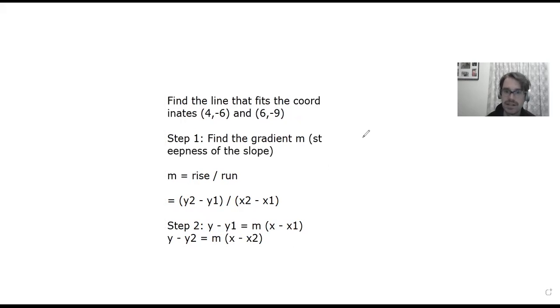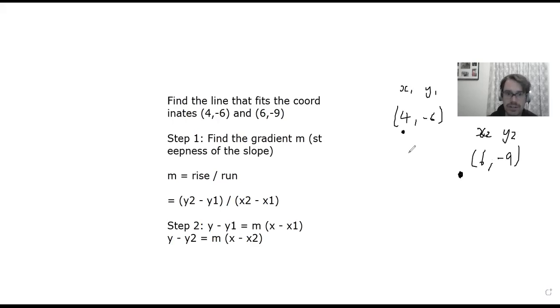I'll draw the 2 points so it becomes clearer what we're doing. 4 minus 6 will be here. 4 is the x1, minus 6 is y1. 6 and minus 9 will be here. 6 is x2, minus 9 is y2.